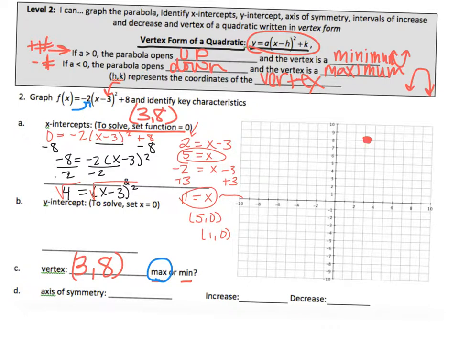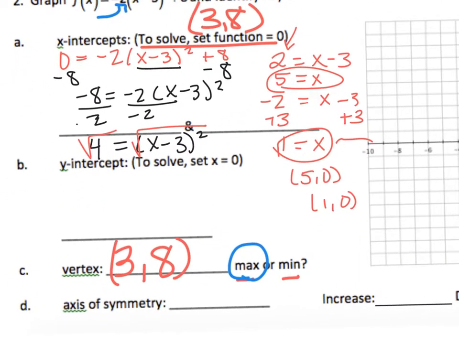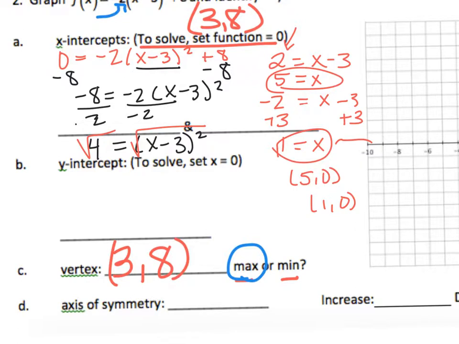So plot those two. So I can kind of see this graph taking shape here. It's going to go down like this. And now I just need to figure out the y-intercept. So for the y-intercept, you're going to set x equal to 0. This is a little bit more easy, a little bit simpler. So you've got f of 0 equals negative 2 times 0 minus 3 squared plus 8.